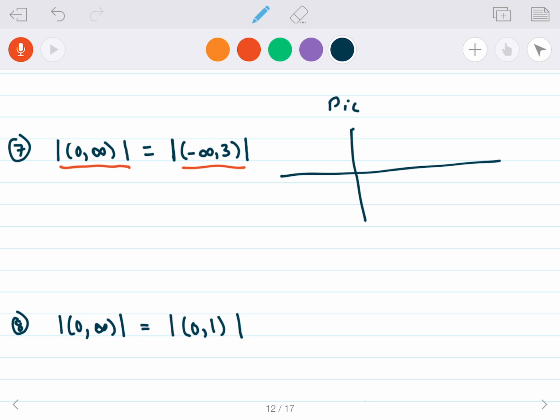So maybe I want my domain to be from 0 to infinity, and I'll have my range going from negative infinity to 3. So maybe something like this.